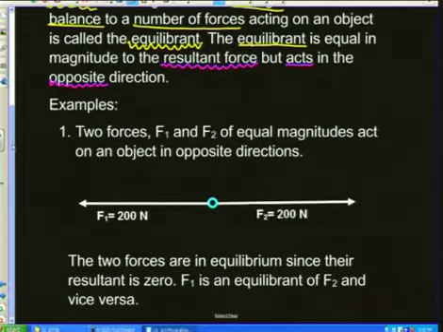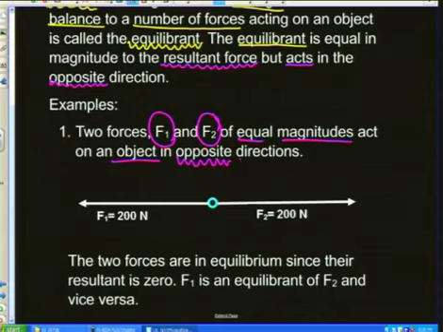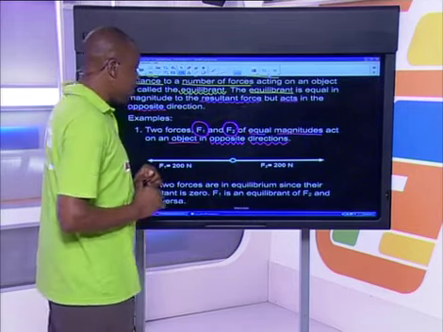Quickly, just as some examples here. Let's look at these 2 forces here, F1 and F2. These 2 forces are of equal magnitude, and they act on one object. They are acting in opposite directions. In other words, as one pulls to the west, the other one is pulling to the east. So they're acting in opposite direction.